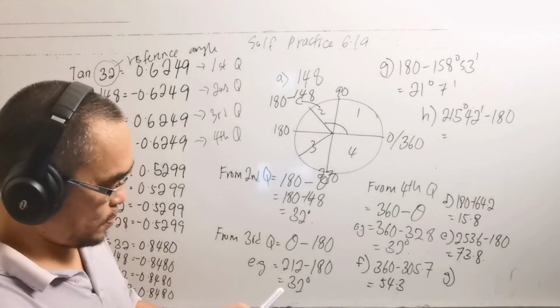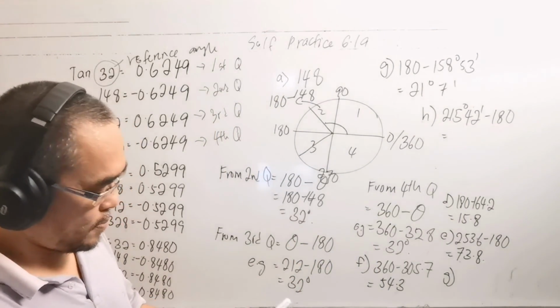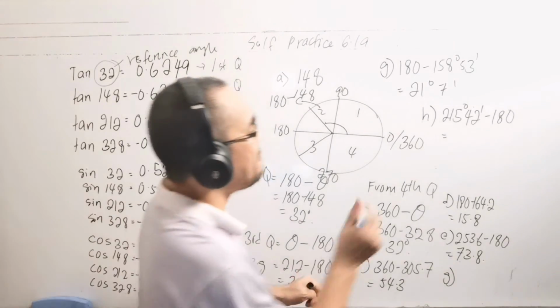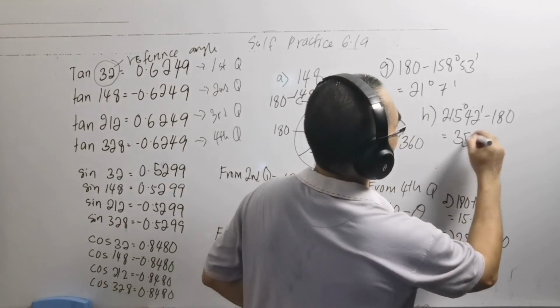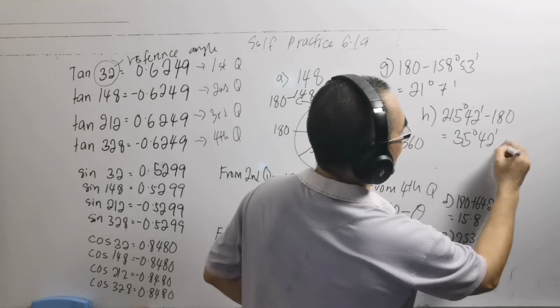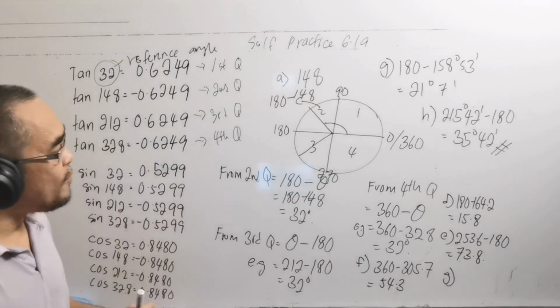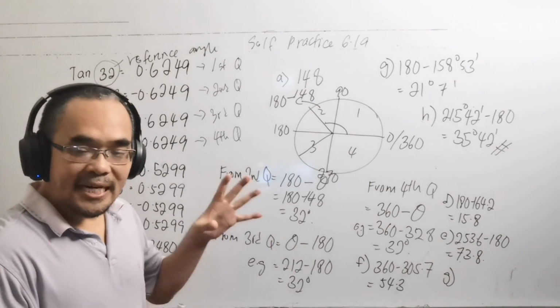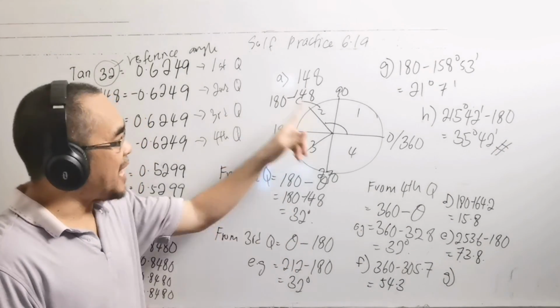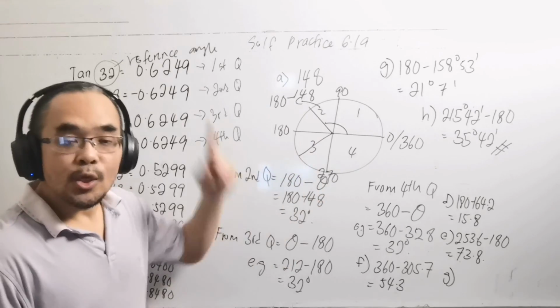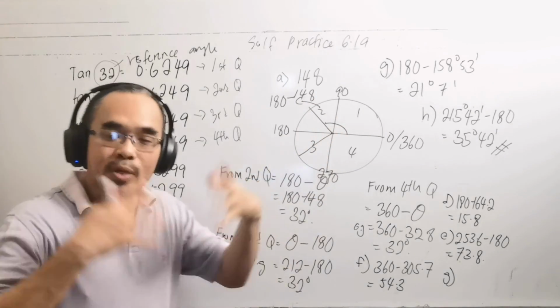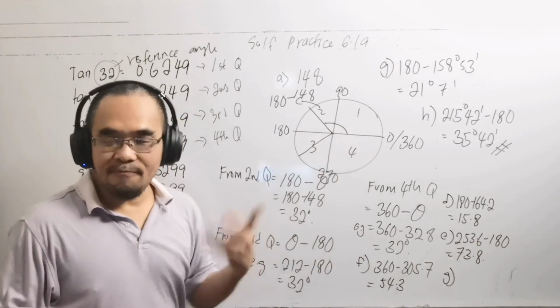So it will be 35 degrees 42 minutes. Okay, so we covered how to find the related angles from the second, third and fourth quadrants to their sibling in the first quadrant.